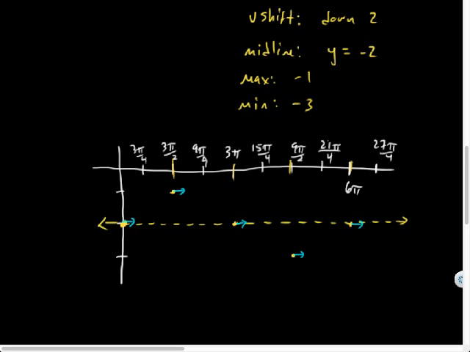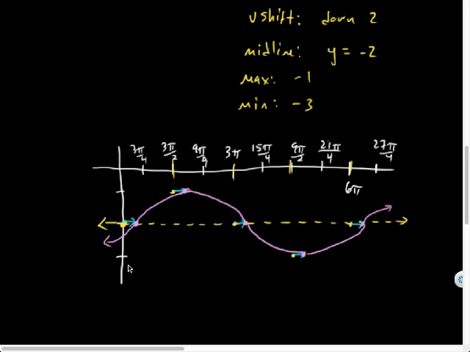And when I plot these, I'll have that, and that. So my graph would look something like this. And it would continue to repeat forever in both directions.